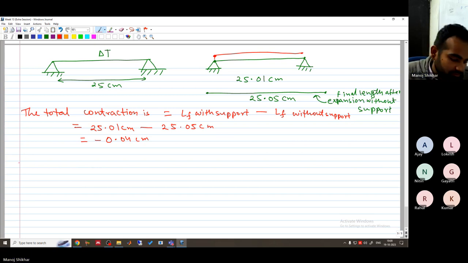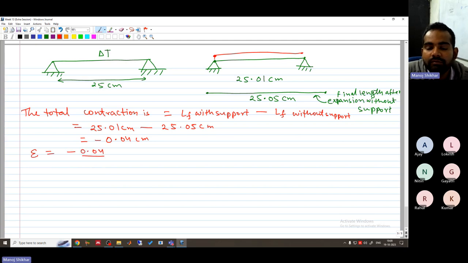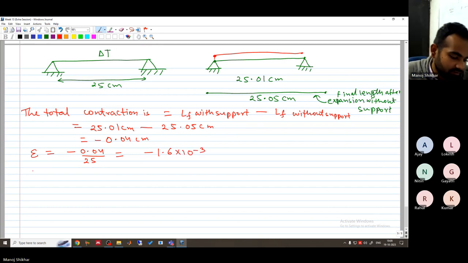Now, strain is minus 0.04 upon 25 centimeter. So this is the strain. And what will be the value? Minus 1.6 into 10 to power minus 3. Now the stress induced is sigma equal to E into epsilon.